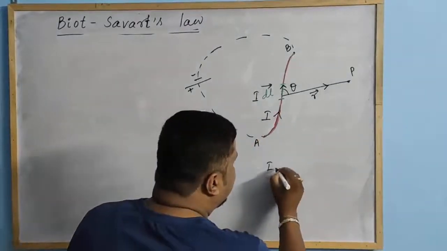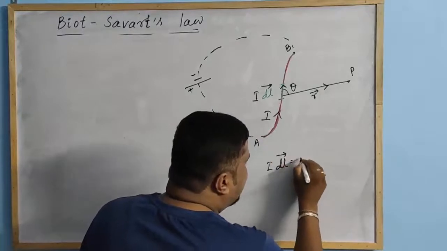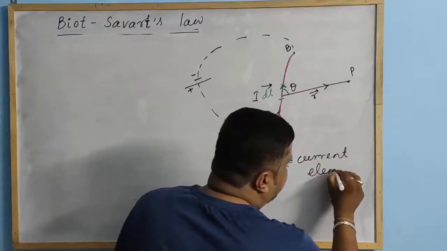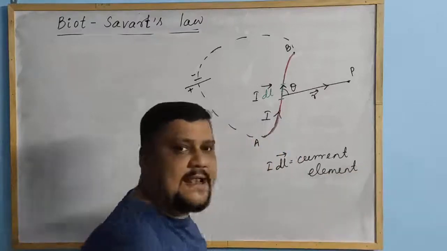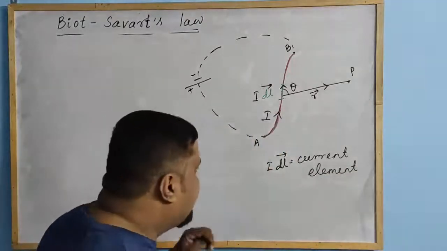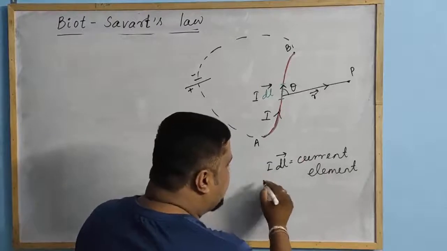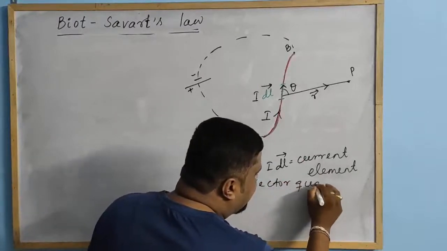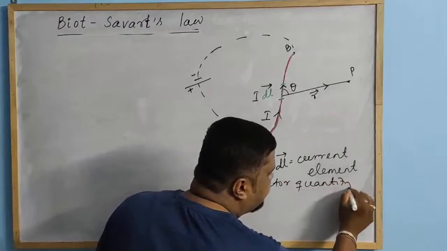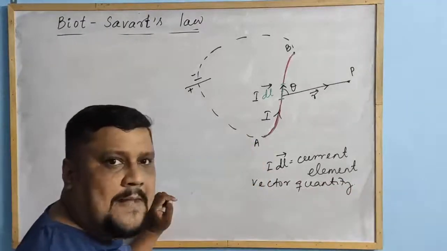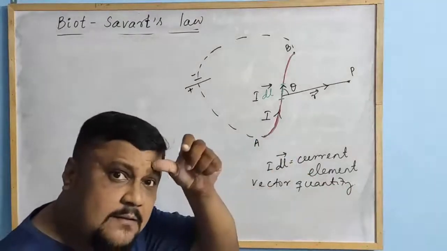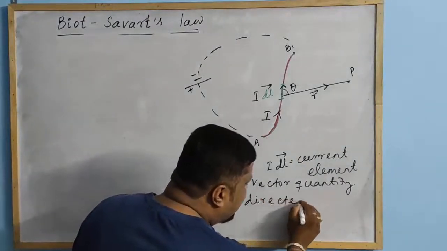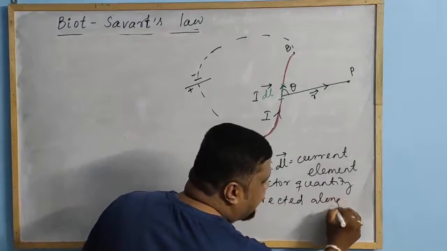So Idl is the current element, and it is a vector quantity. Magnitude is I into dl. Direction is directed along the direction of current.